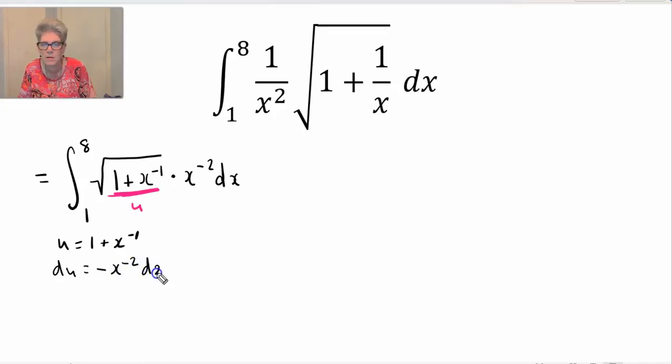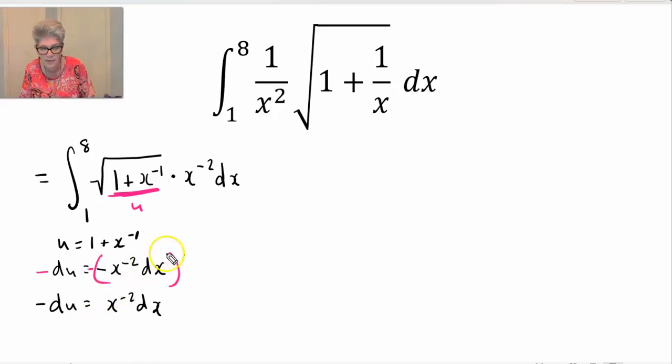Okay. And that's almost what I want. I just need to get rid of that negative sign. So I'm just going to negate both sides, or multiply both sides by negative 1. So now these negative signs will cancel because I don't have a power up there. Okay, looking good.